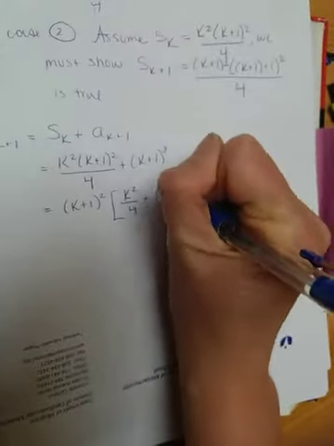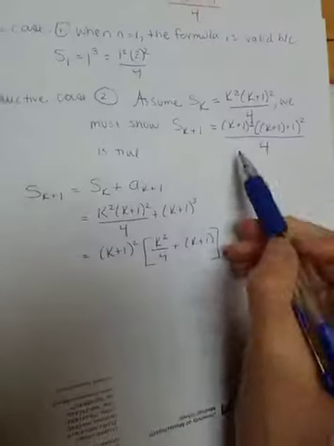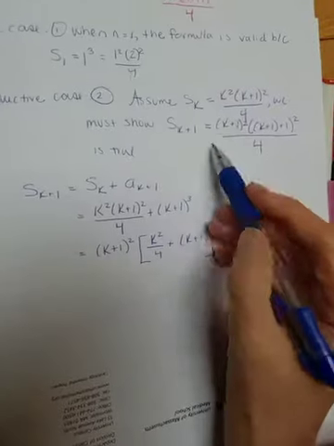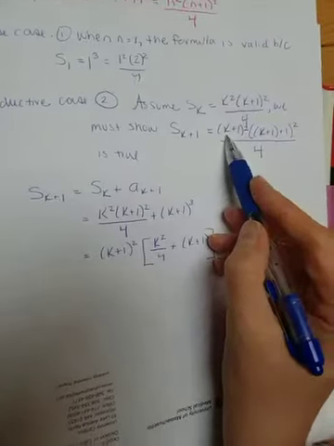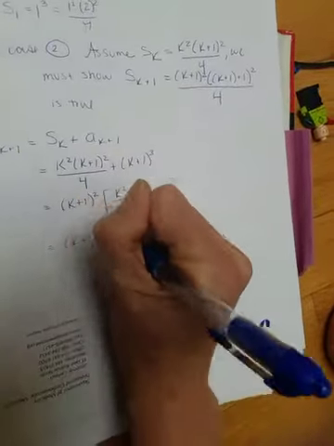So inside here, that's going to leave me with k squared over 4 plus quantity k plus 1. Okay, so this is looking good. We have a 4, we have a k plus 1 quantity squared. Now inside that bracket, I'm going to get a common denominator.